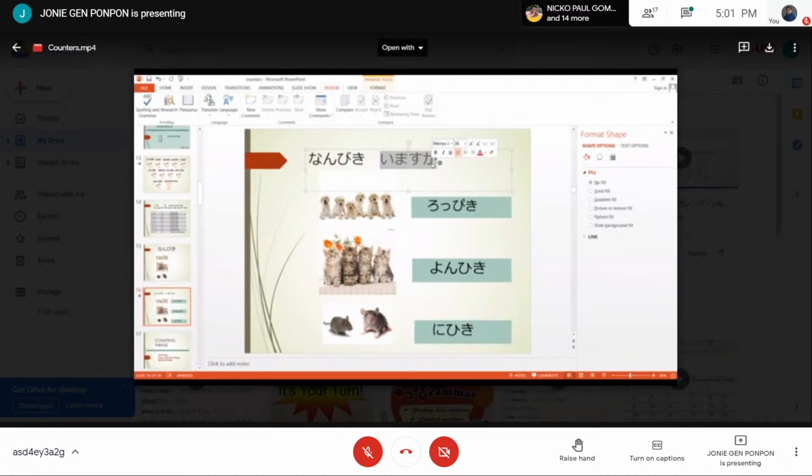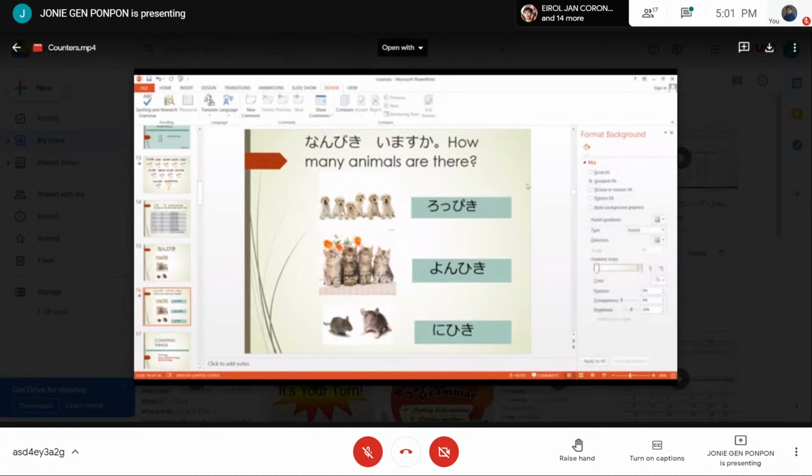So it's like how many animals are there. For the nambiki imasu ka is how many animals are there. Parang translation for the nambiki imasu ka, okay?